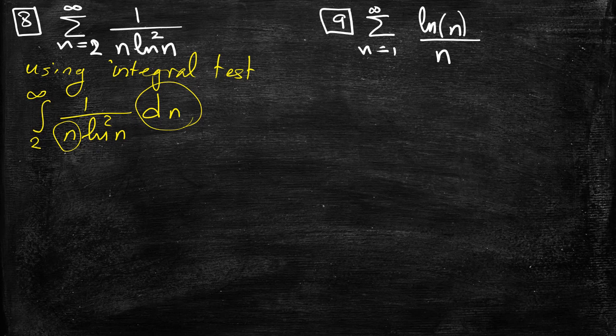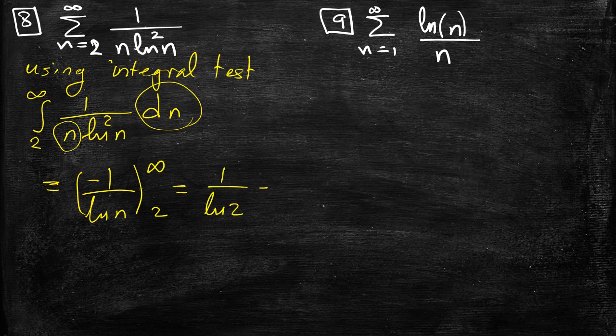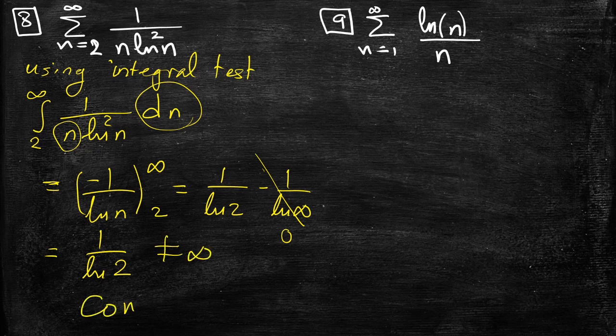It's as if the integral of 1 over u squared du, which will be negative 1 over ln n. Substitute with 2 and infinity, and don't forget this negative sign. I can cancel this negative sign, and substituting with the lower limit minus the upper limit, it would be 1 over ln 2 minus 1 over ln infinity. Ln infinity is infinity, so 1 over infinity is 0, and 1 over ln 2 is just a value. I don't need the exact value. Again, this integral is not equal to infinity, so my series right now is convergent.